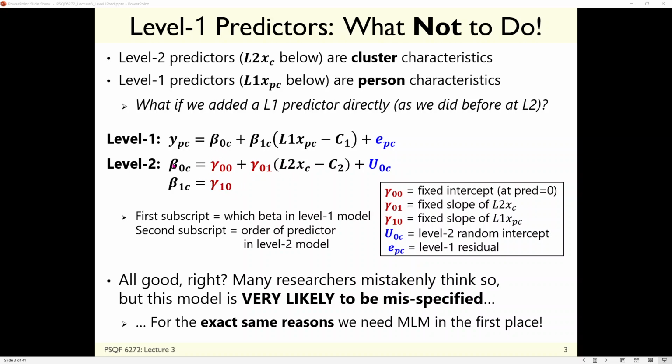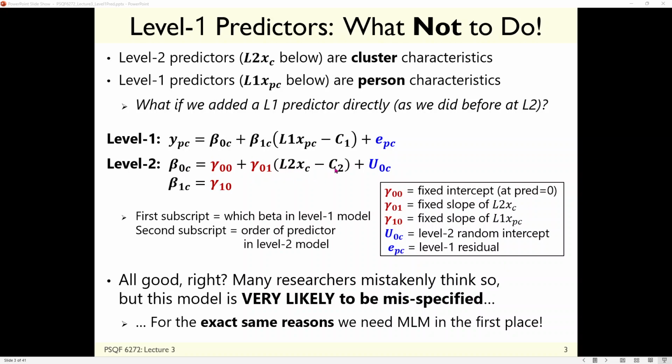So in the first level 2 equation for beta 0, because what we're predicting is beta 0, everything in this level 2 equation starts with a 0. So the first subscript controls where we are in level 1. The second subscript controls where we are in level 2. So gamma 01 is the first slope predicting beta 0.